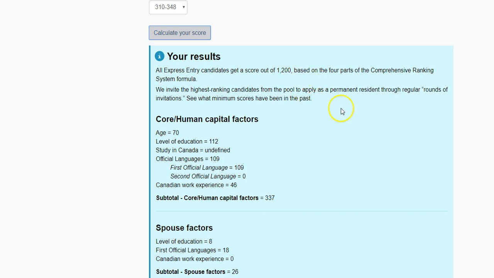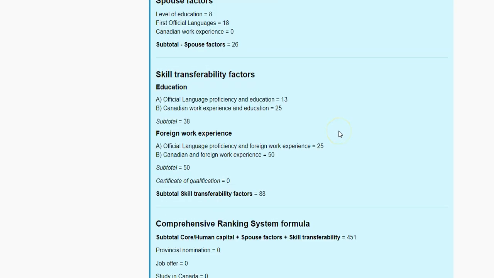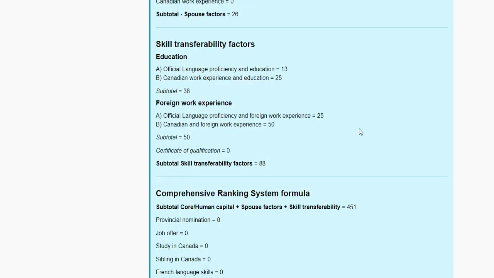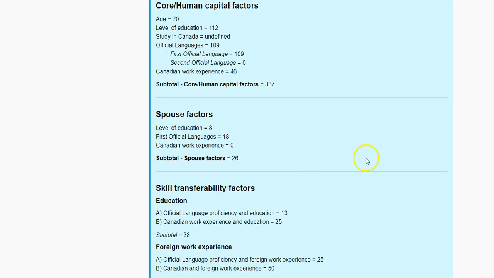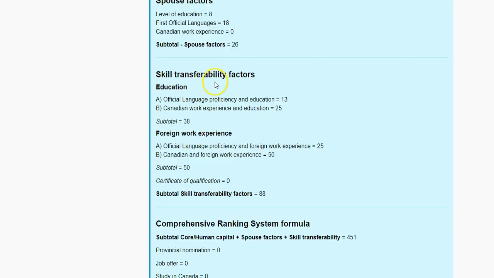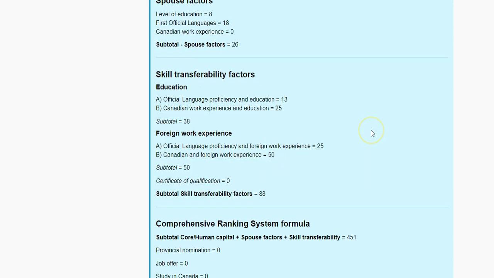That's based on the 4 parts of the Comprehensive Ranking System formula. So what are these 4? Well, you can see here the core human capital factors, the spouse factors, the skill transferability factors, and then when you see the complete formula, then you can see the whole picture.